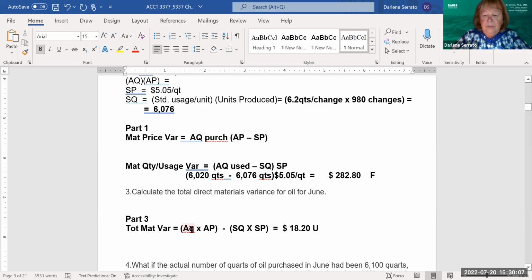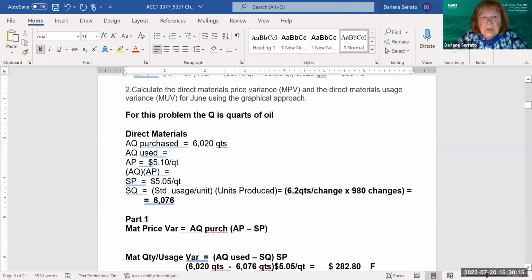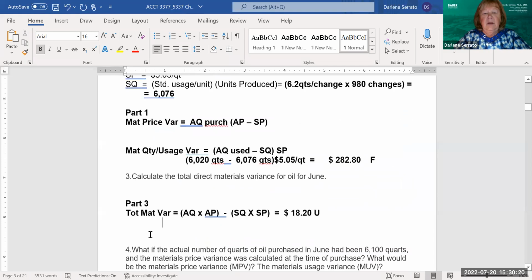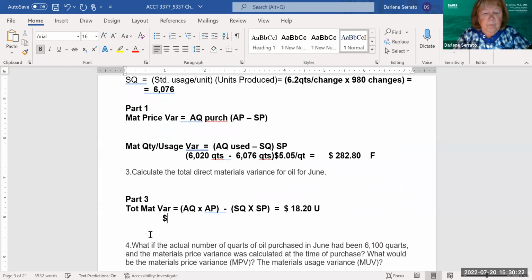So I could plug the numbers in like this, or I can do $301 unfavorable plus $282.80 favorable.